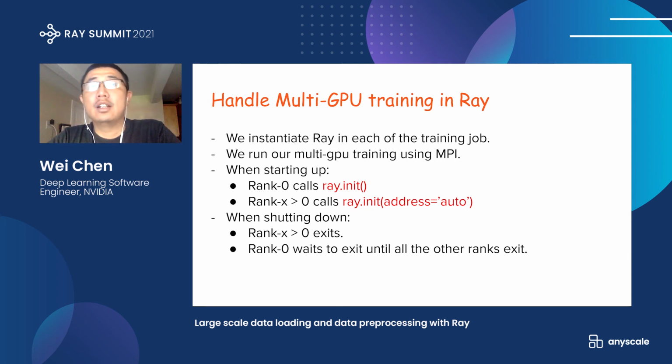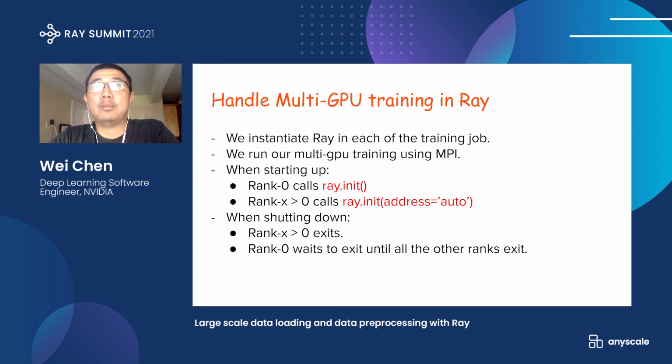Our training jobs use multi-GPU, based on MPI. However, instead of instantiating one Ray cluster that every job shares, in our setting we instantiate Ray in each of the training jobs, so it's a slightly different setting in our environment.